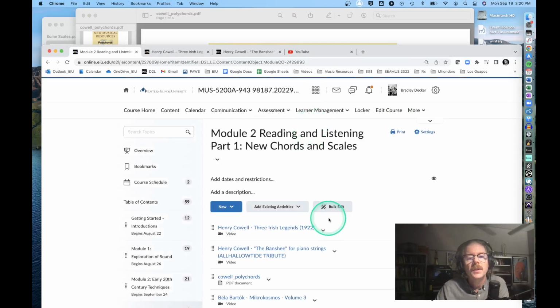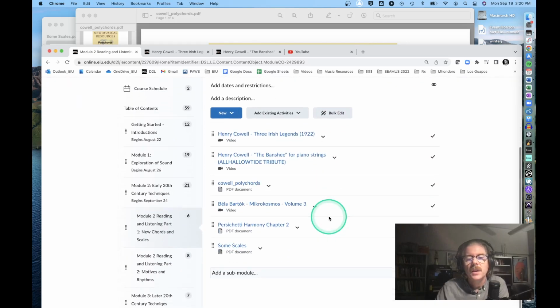So if I go back over here to our list of stuff, we have some other examples. This Persichetti PDF is a chapter from his harmony book, which I think is a great resource for folks who are interested in composing in the more modern style, if you consider quasi-tonal mid-century music to be 20th century music or forward.